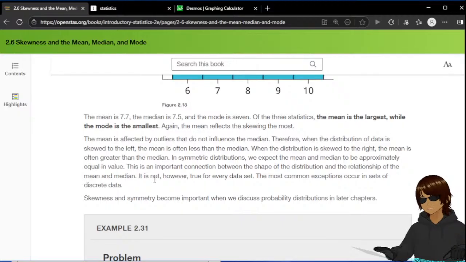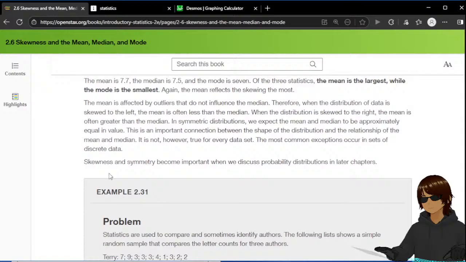It is however not true for every data set. The most common exceptions occur in sets of discrete data. Skewness and symmetry become important when we discuss probability distributions in a later chapter.